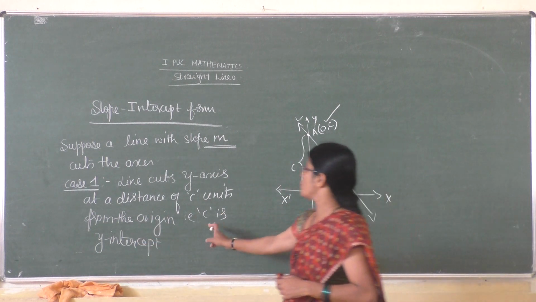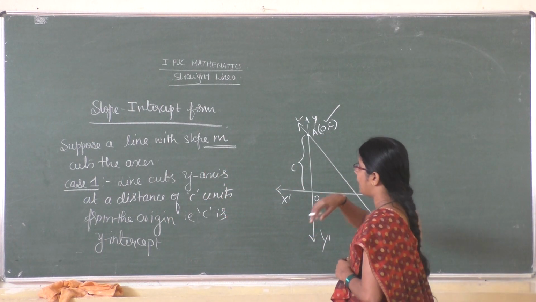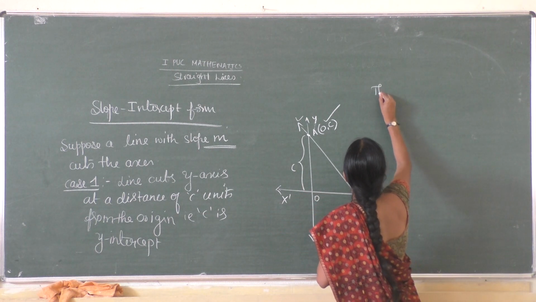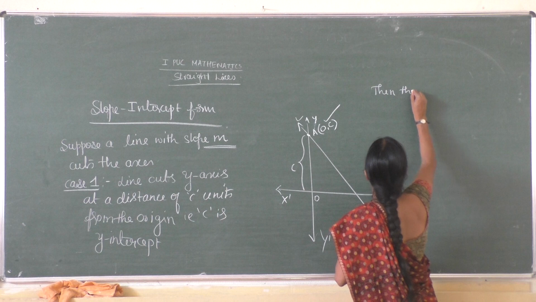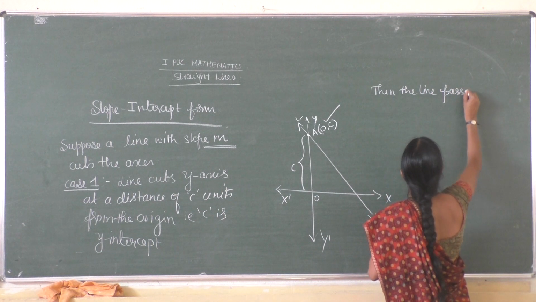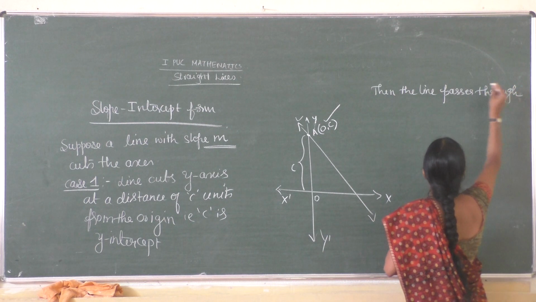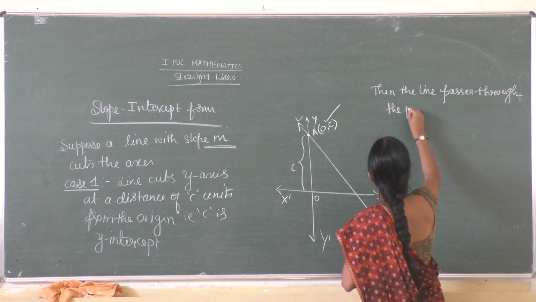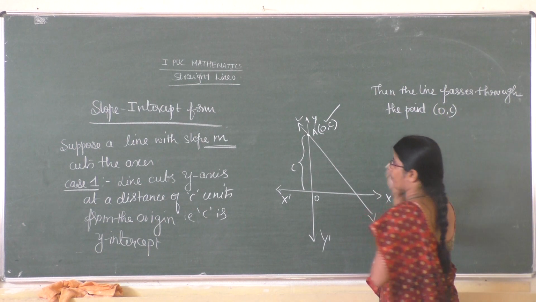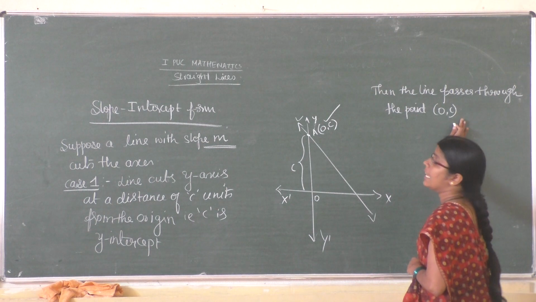So from the origin, that means c is the y-intercept, okay. Then what we have, then the line passes through the point 0, c, okay.